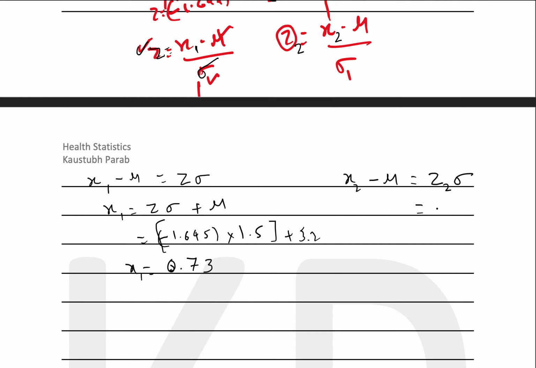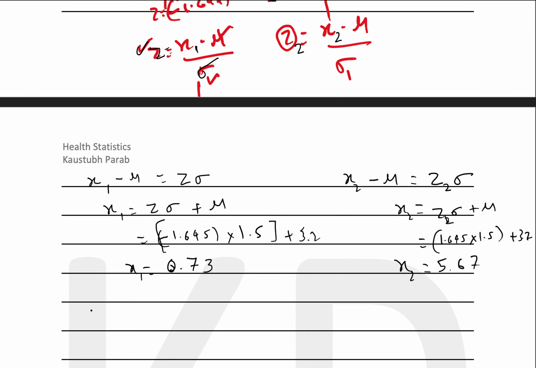I'm not going to write it again, but understand that z2 sigma plus mu is going to be x2. z2 is positive 1.645 times 1.5 standard deviation, and then you're going to add mu 3.2, and if you solve that, you should be able to get an answer something like 5.67. That's going to be x2.